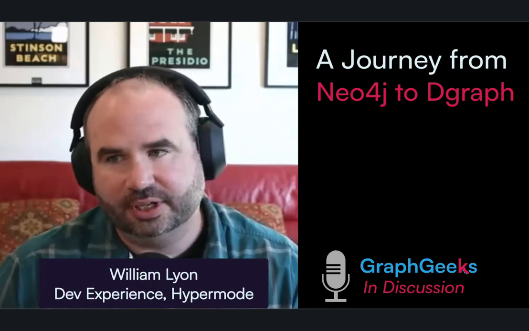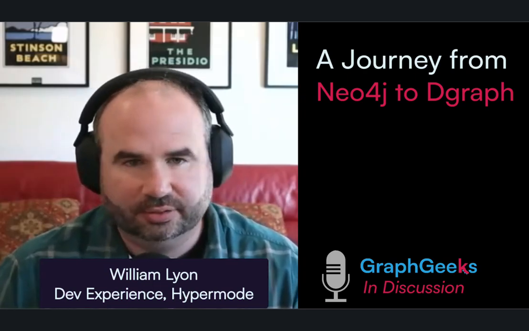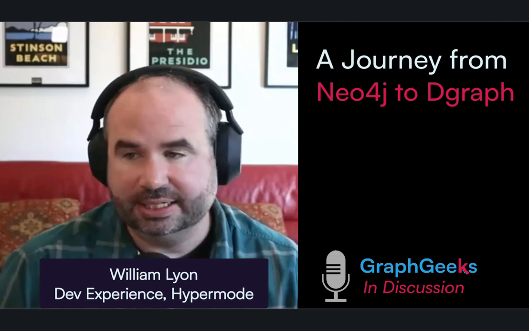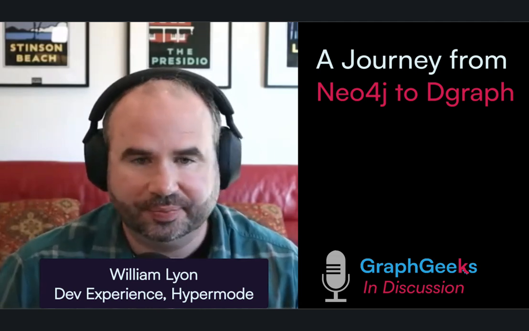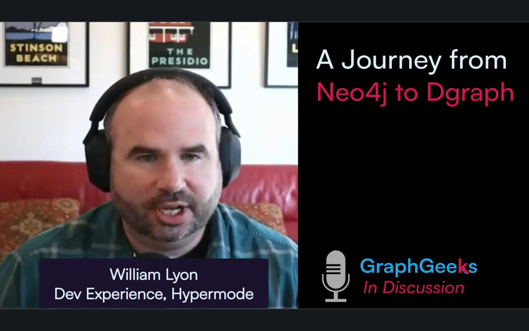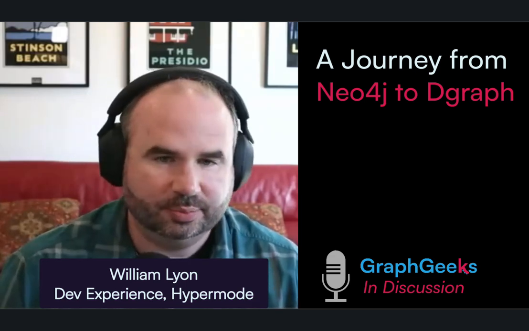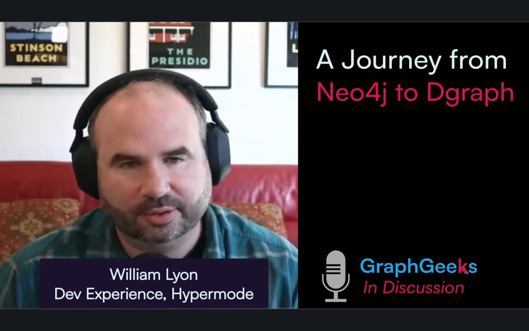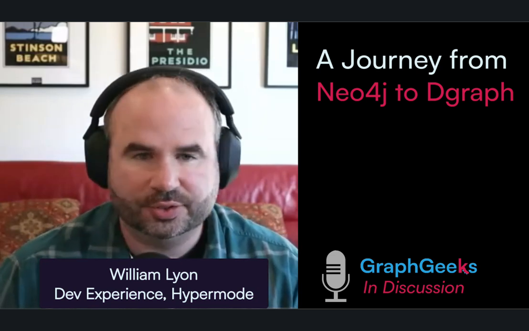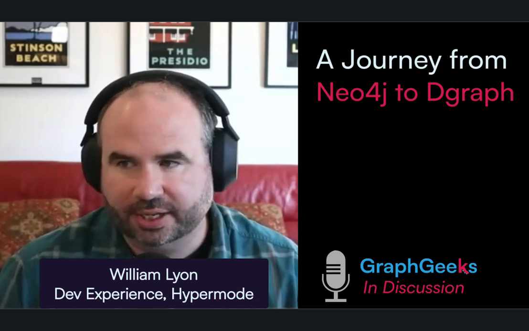Dgraph took the approach of optimizing for scalability in terms of volume, and so the D in Dgraph is distributed, and so Dgraph does sharding out of the box. It's built on a distributed key value store that was actually purpose built for Dgraph called Badger, which is another now open source project that we maintain at Hypermode.